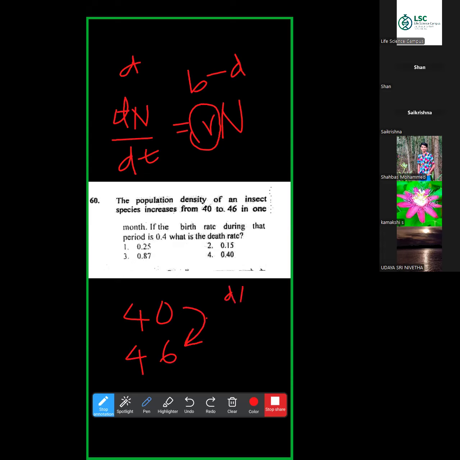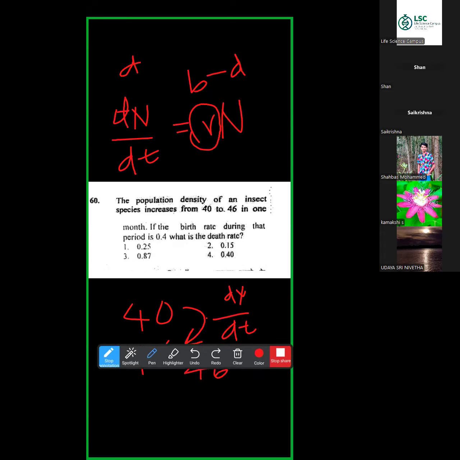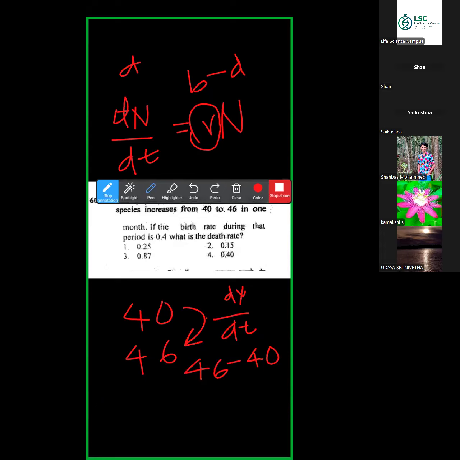So this delta N by delta t is 46 minus 40. That is the rate of change of population size, so it will be 6. This delta N by delta t is 6.